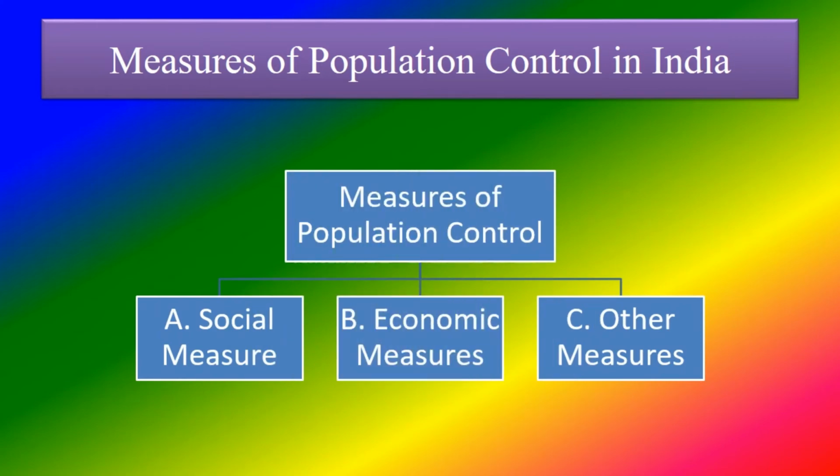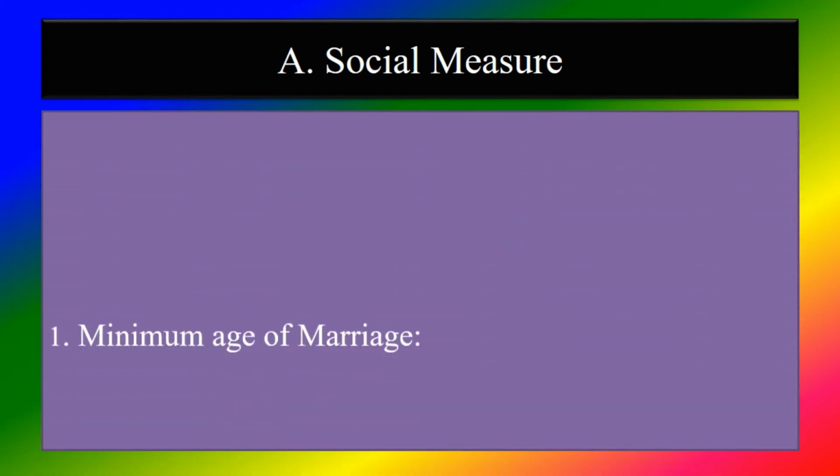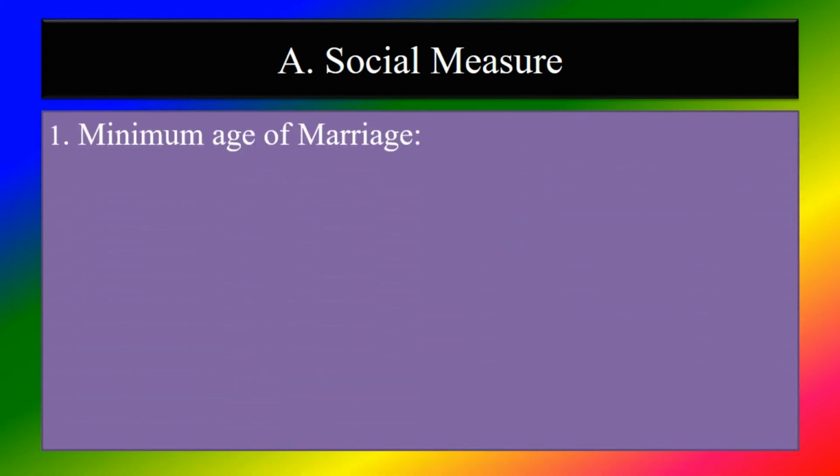Look at this flow chart. Measures of population control. There are three measures: social measures, economic measures, and other measures. A, social measures. First, minimum age of marriage.